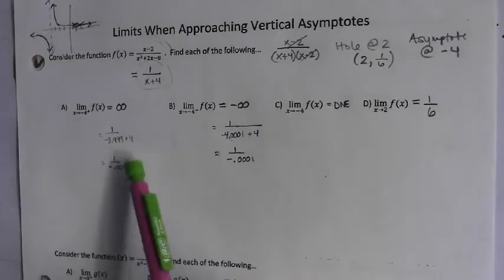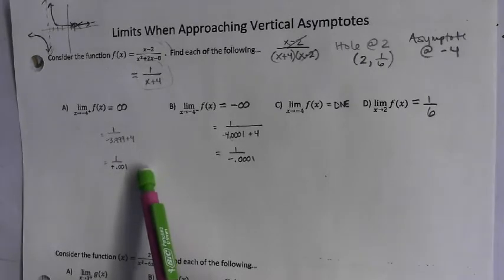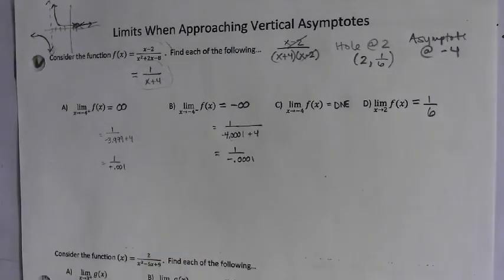Because even still, calculating and realizing that this was 1,000 isn't really going to be your answer anyway. It's all for the sake of deciding positive or negative infinity. Okay? Any questions?